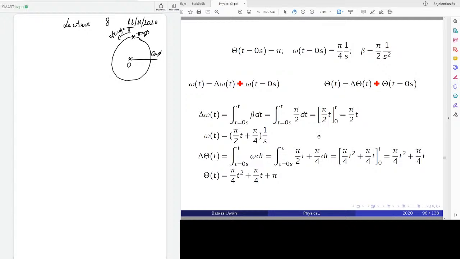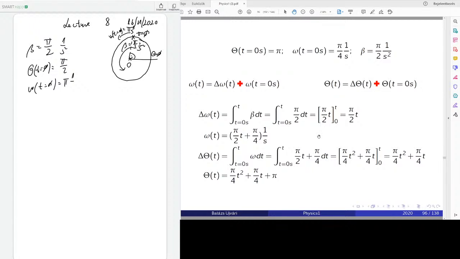And there is a pi over 2 angular acceleration. So the angular acceleration is pi over 2. At t equals 0, I'm at pi over 2, because 90 degrees is pi over 2. The initial angular velocity is pi 1 over s.